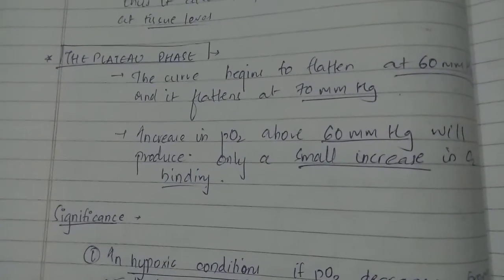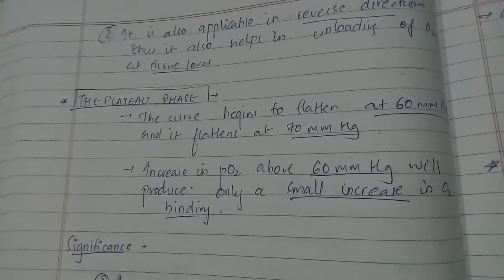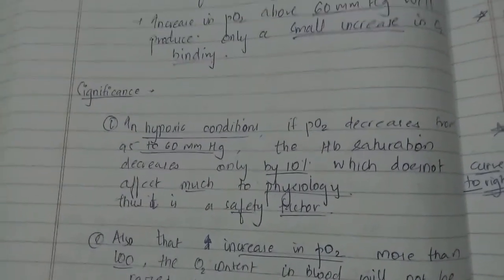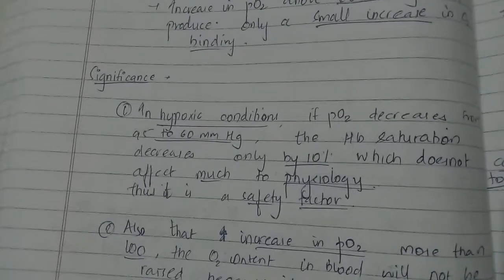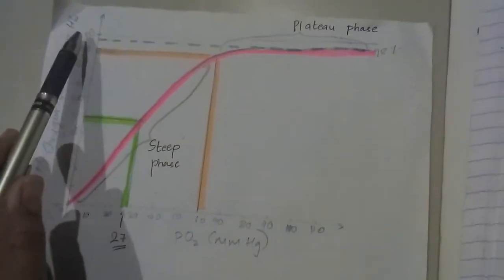So an increase in PO2 above 60 mmHg will produce only a small increase in O2 binding, right? Now what is the significance? In hypoxic conditions, if PO2 decreases from 95 to 60 mmHg, as you can see here, the percentage saturation is not affected, it is constant.